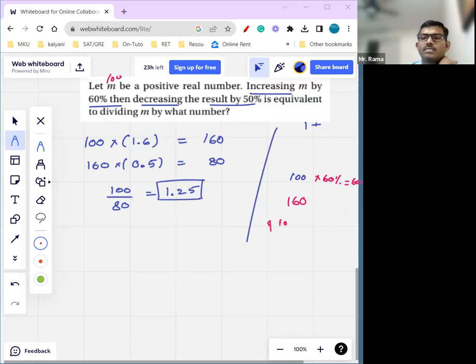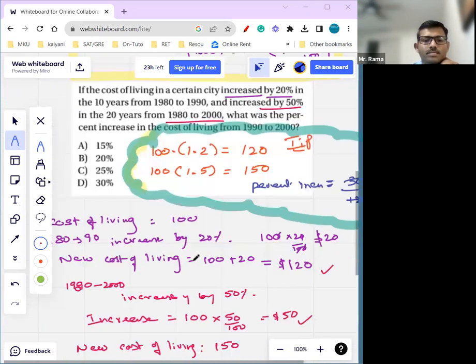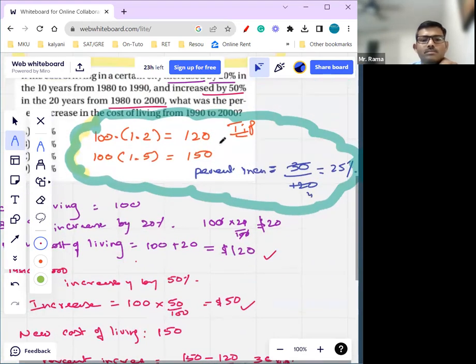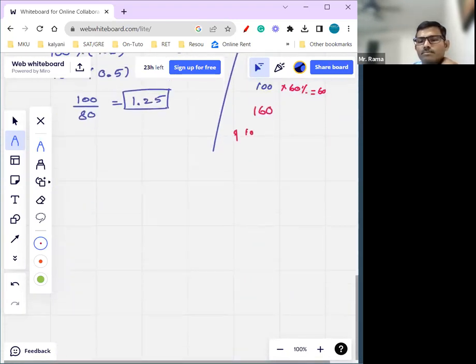For example, this question: percent increase, you subtract from here to here, then divide by the initial price, and times 100. Okay, good.